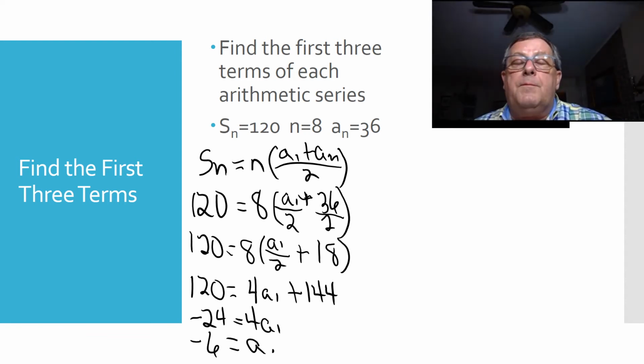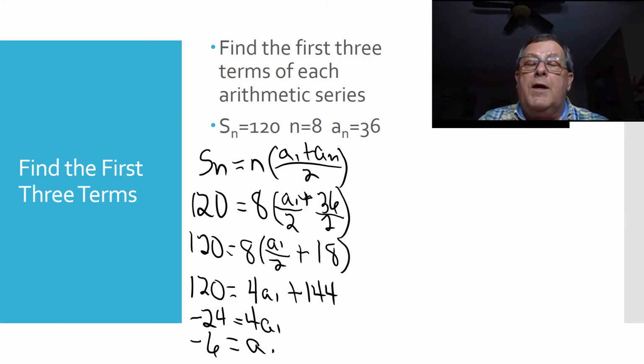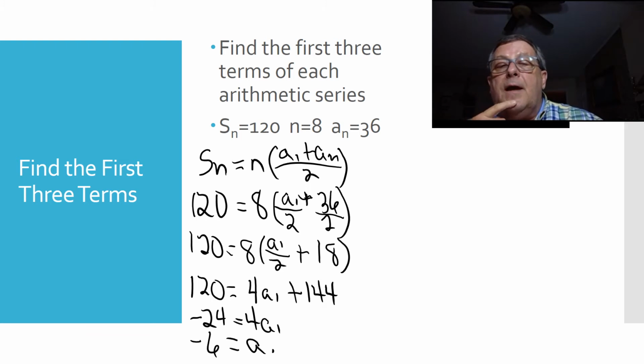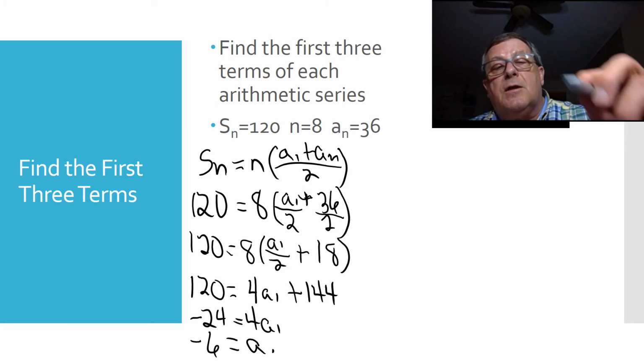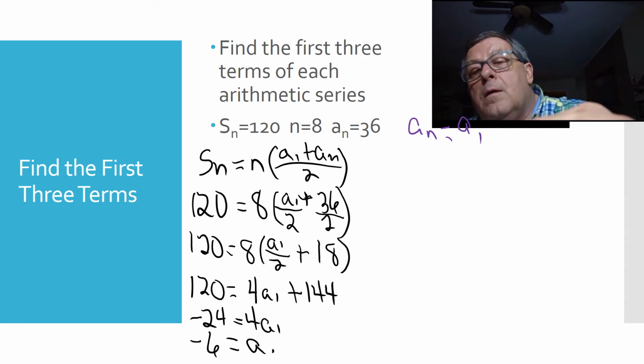All right, now we can plug this back in. We've got an, we've got a1, we know what n is, and we can plug that back into our nth term formula to figure out our common difference. So again, that formula is an equals a1 plus n minus 1 times d.